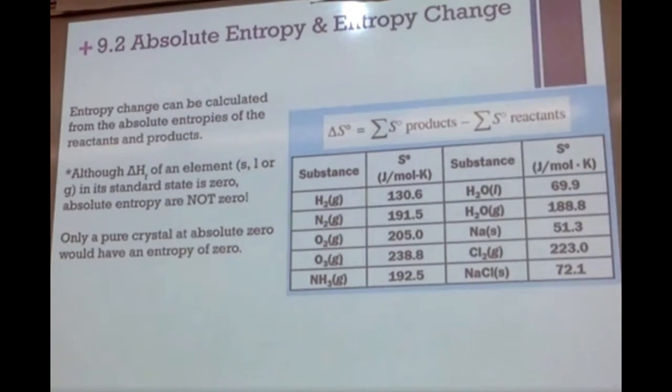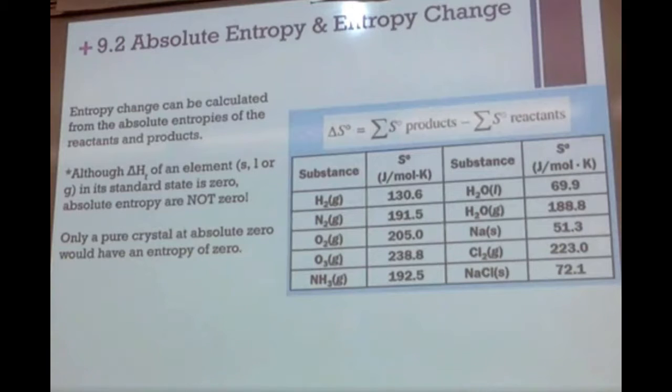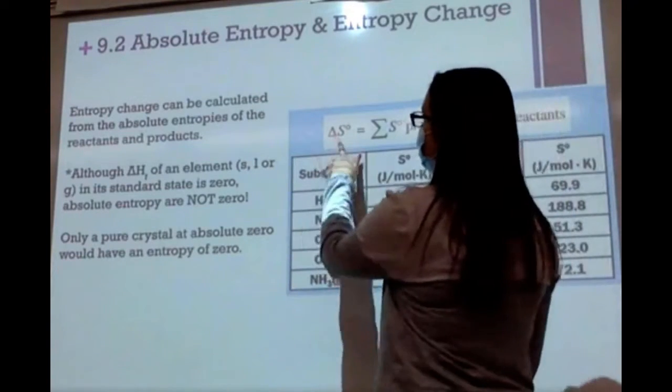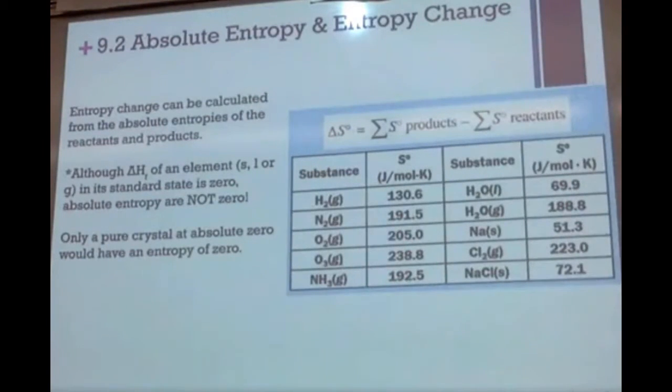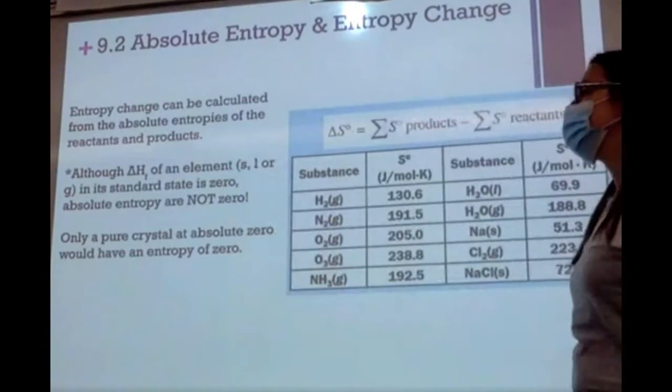Now topic 2 wants us to actually look at calculating entropy. This equation is on our equation sheet. This looks very similar to heat of formation. We're using absolute entropies to calculate the entropy change of a reaction. So remember that heat of formation of an element in its standard state is 0.